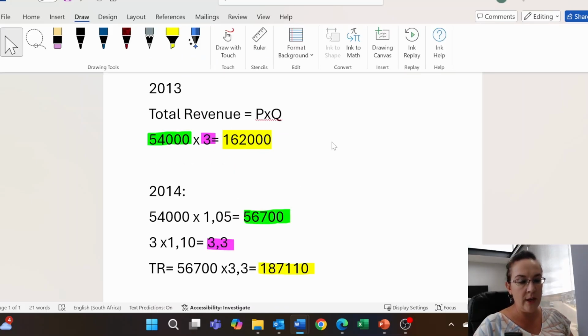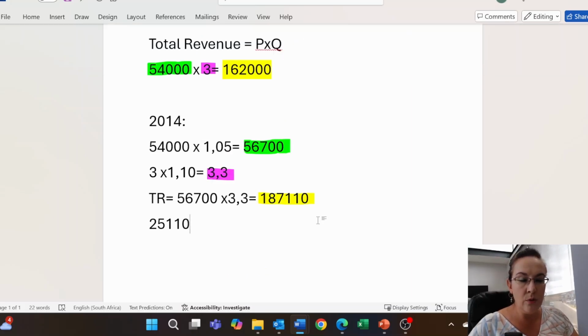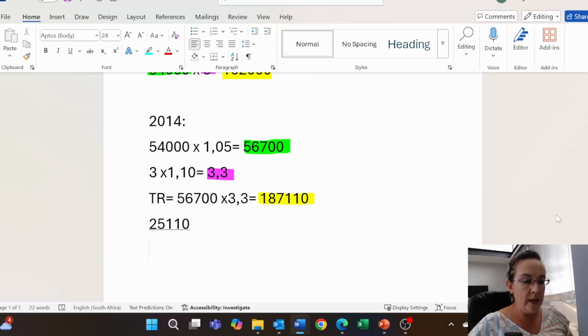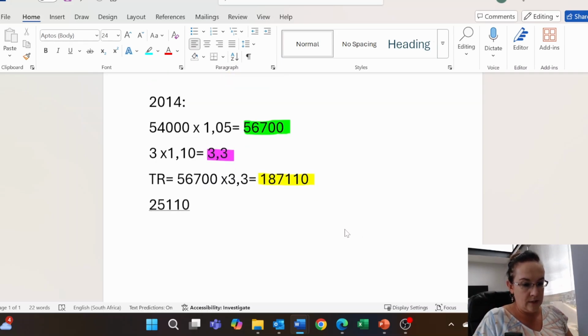Now we are ready to calculate our percentage change in market growth. The difference between our total revenue in 2013 and in 2014 amounts to 25,110. I literally just subtracted these two amounts, the 187,110 and the 162,000. The 25,110, which is the difference between the 2013 and the 2014 total revenues, will be divided by the original total revenue, which is 162,000 in 2013.